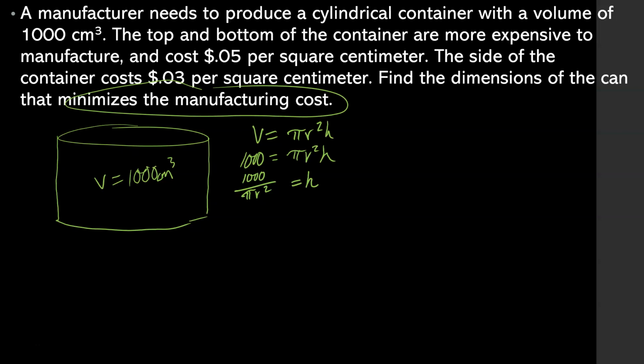Let's see. The top and bottom are expensive to manufacture. They cost 0.5 cent per square centimeter. So let's think about this. So the cost is going to be, ooh, not 1/2, 0.05, 5 cents for the area of the top and bottom.